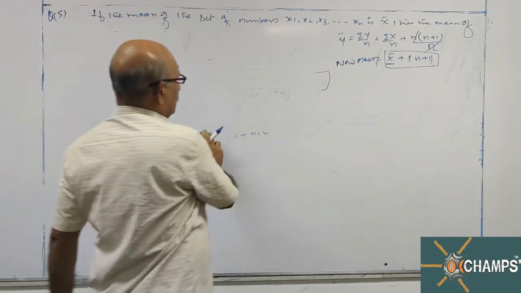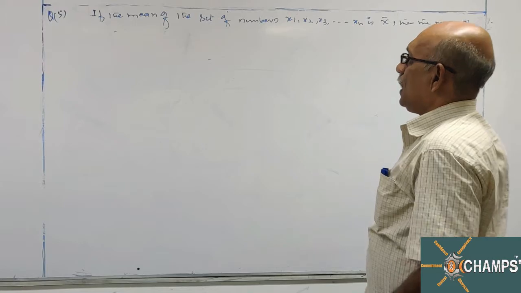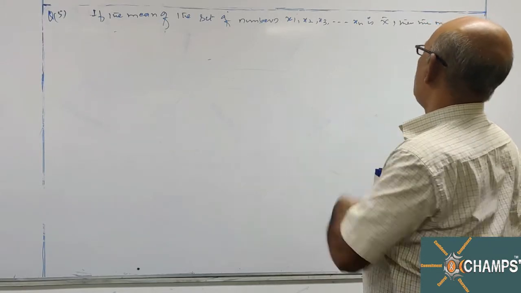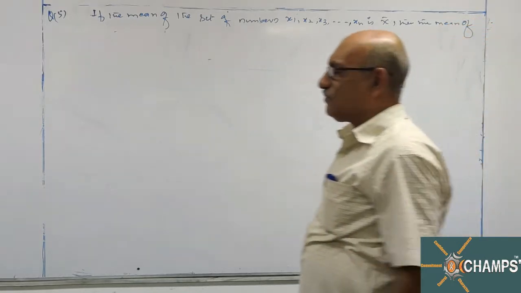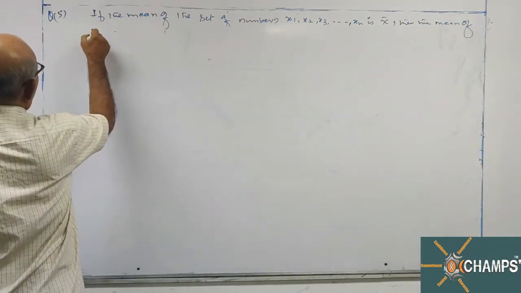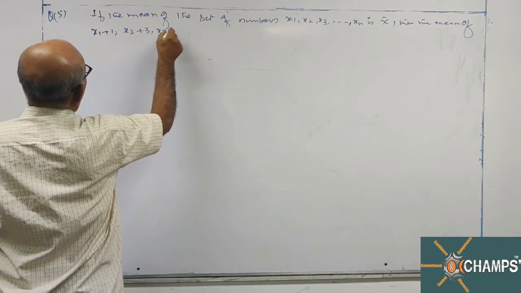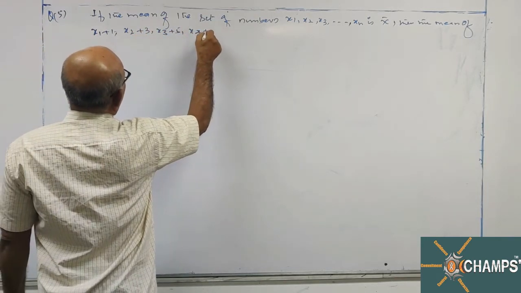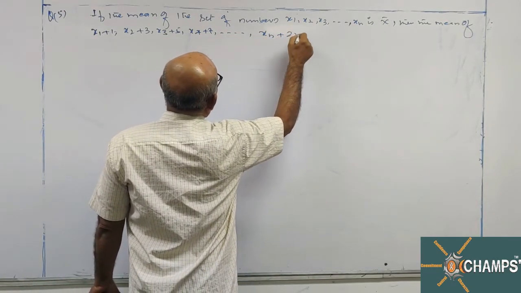If the mean of the set of numbers x1, x2, x3, etc., xn is x bar, then mean of x1 plus 1, x2 plus 3, x3 plus 5, x4 plus 7, xn plus 2n minus 1.